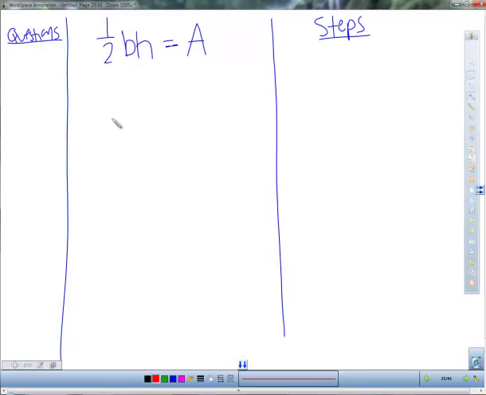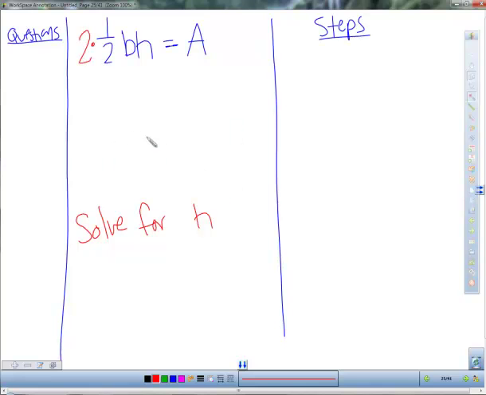Okay, the third problem that we're going to do is the area of a triangle is 1/2 base times height, and I want to solve for h. So since I'm solving for h, I'm going to first multiply all of this left side by a positive 2.